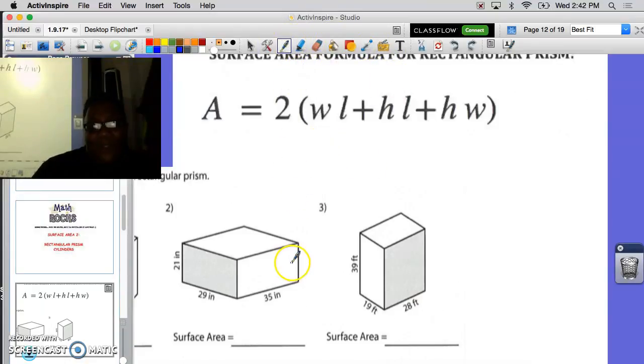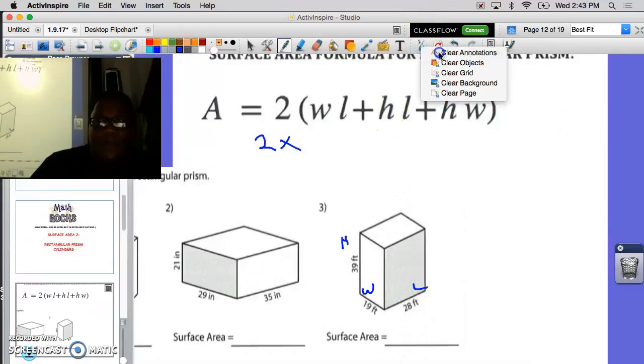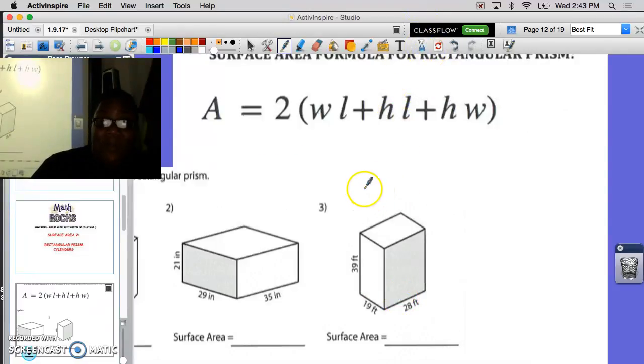So, I'm going to do one more. Surface area of this one. So I have 2 times, okay, this is the width, that's the height, think shadow, this is the length. And, hey, but you know what? Ooh, brain, guess what I just saw? Oh, you're going to be proud of me, brain. I just figured something out. Okay. I'm scared right now. Right?